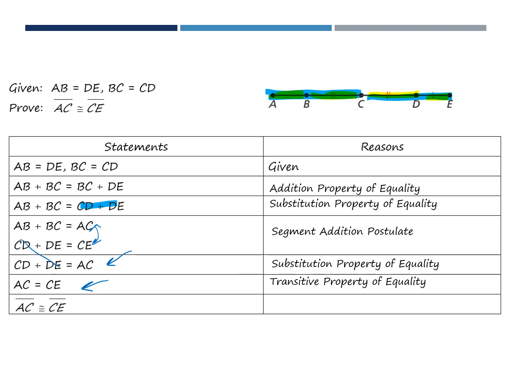So I've knocked out this middleman to say that those are equal. Now, because those measurements are equal, the measure of AC is equal to the measure of CE, I can say that those segments are now congruent. That segment AC is congruent to segment CE by the definition of congruence.